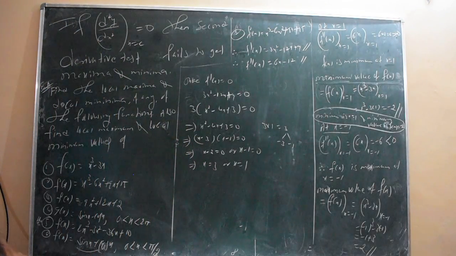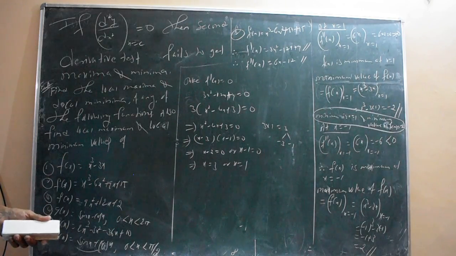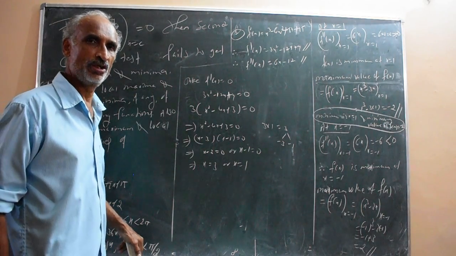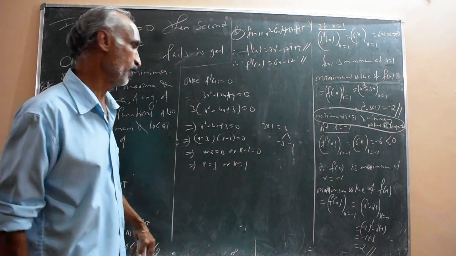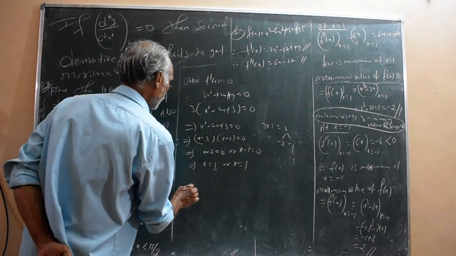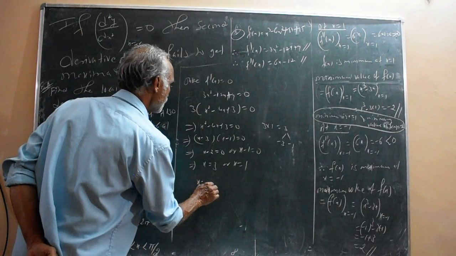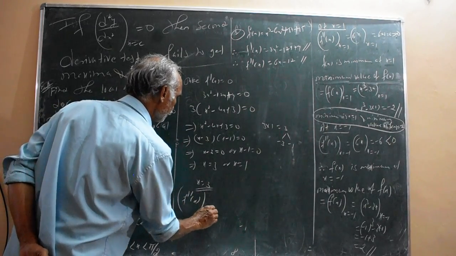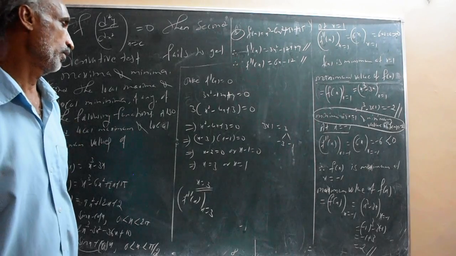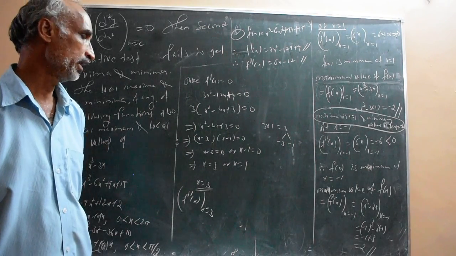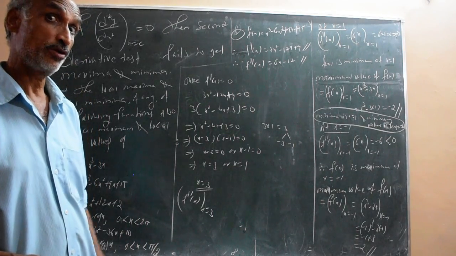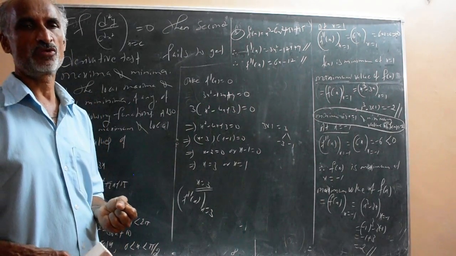So, two critical points I got. Okay? They are called critical points or points of inflection or extreme points. X values are called critical points, extreme points or points of inflection. So, take x is equal to 3 in f double dash of x. The value of the function, f of x, is called extreme values.